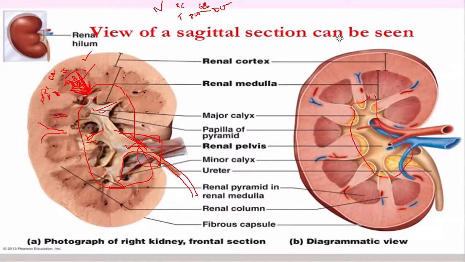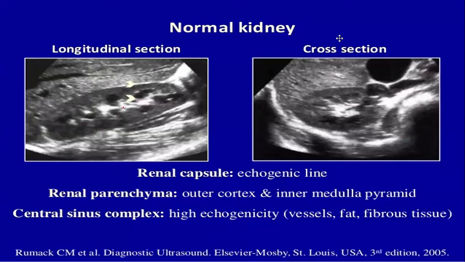In ultrasound, you have seen it to be very bright, that bright area. It is hyperechoic, very echogenic, white. It is therefore the normal sinus.